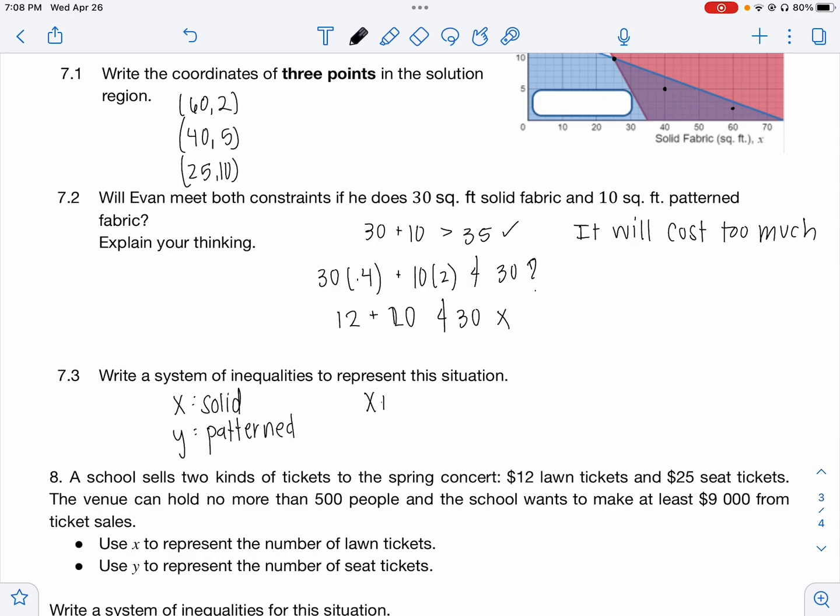We know that X plus Y has to be greater than or equal to 35. But 0.4 or 40 cents times X plus 2 times Y has to be less than or equal to $30. So this is the system of inequalities.